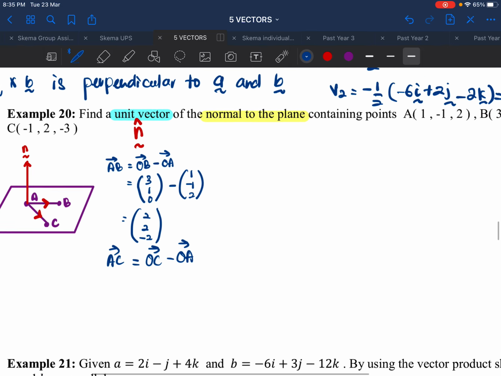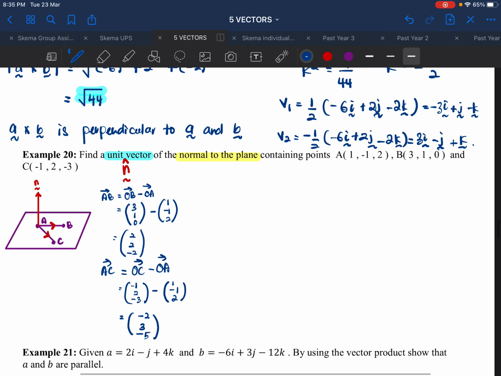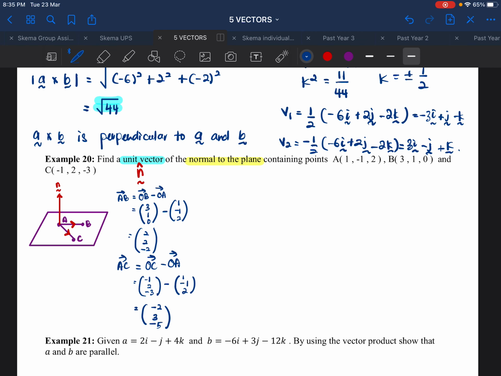So, C kita ada negative 1, 2, negative 3, minus dengan OA, A kita ada 1, negative 1, 2. Okay, so kat sini kita akan dapat negative 2, 3, negative 5. Okay, so kita ada AB dengan AC, direction vector AB dengan AC.